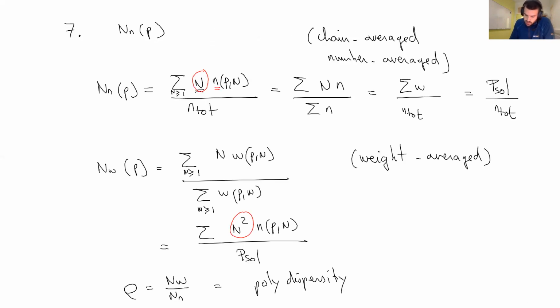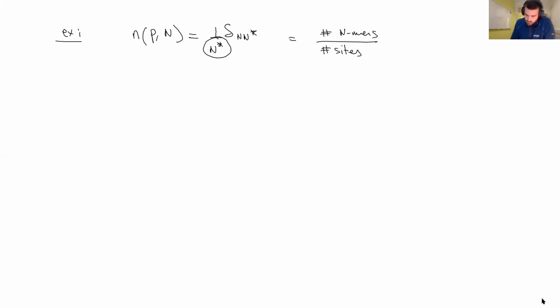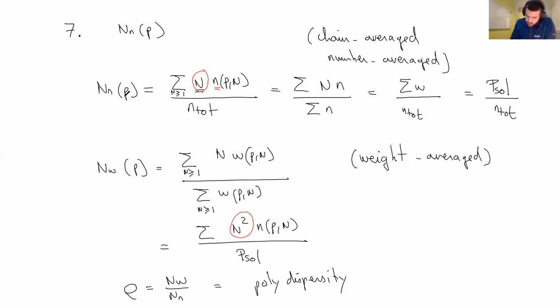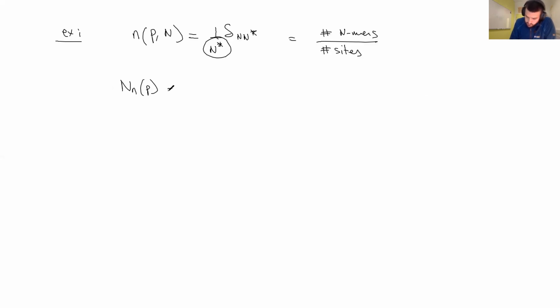So what is NN? NN is the number average. So it's p sol over n tot. So what is p sol in this case?